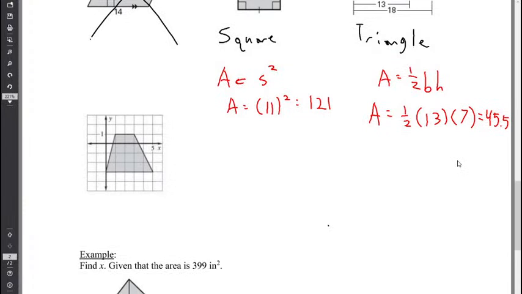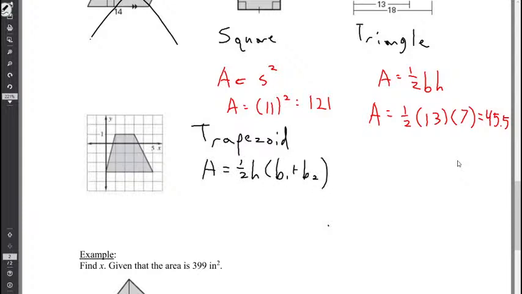All right, let's do this next one. This next one is a trapezoid, so here's your area formula for a trapezoid. So we need to plug in and figure out our pieces.